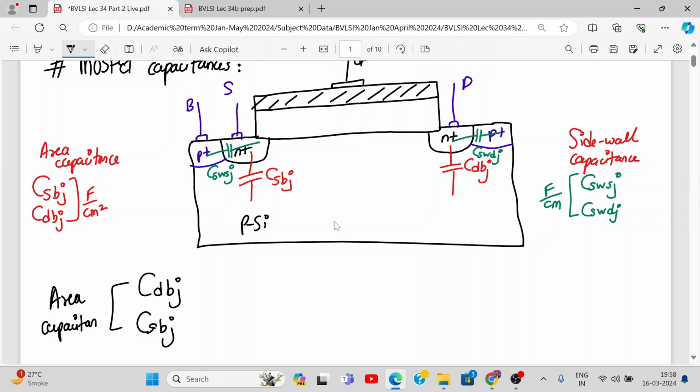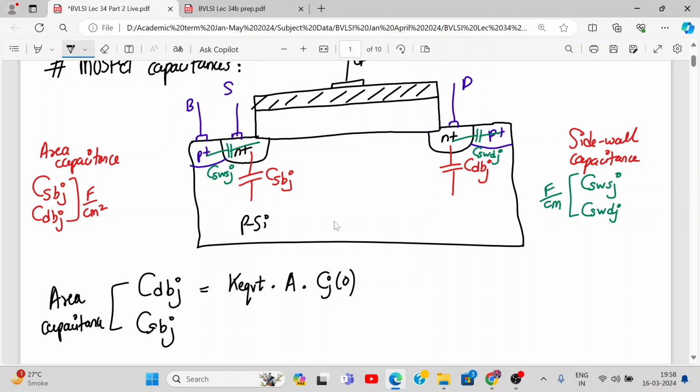Now I know all the terms. So this will be given by, because the drain terminal is changing a lot, right? The voltages are changing a lot. So the K equivalent factor will come over here. K equivalent is a function of voltage, definitely, multiplied by area multiplied by Cj0.